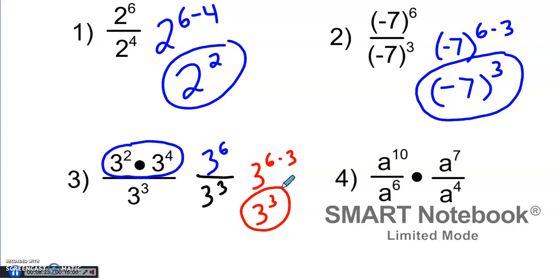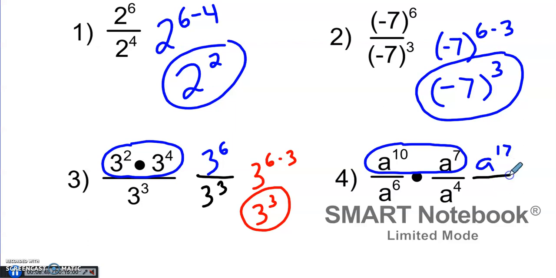And 4, again, is another 2-step process, but we can do it. We have a to the 10th over a to the 6th times a to the 7th over a to the 4th. Well, when we multiply fractions, we know we multiply straight across. So we can do a to the 10th times a to the 7th. Same base, getting multiplied, which means we add the exponents. So we get a to the 17th.